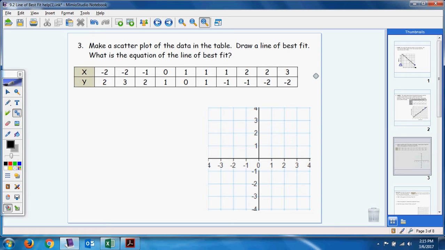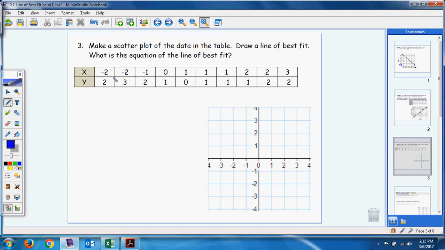Again, all you have to do is plot your points in the correct location as I get a small drink.